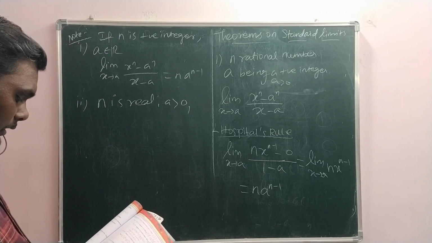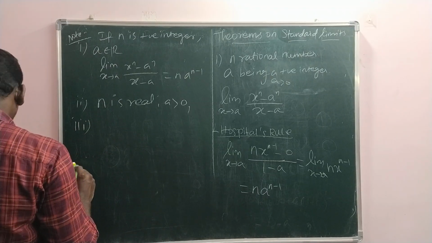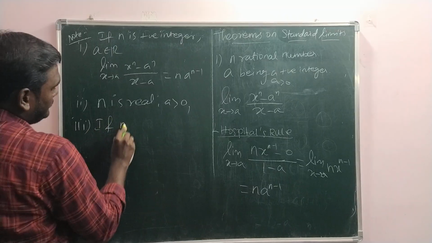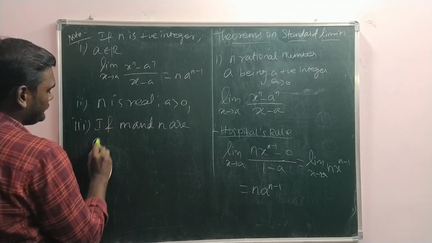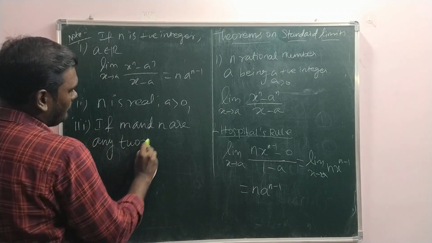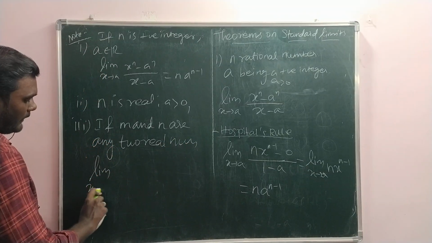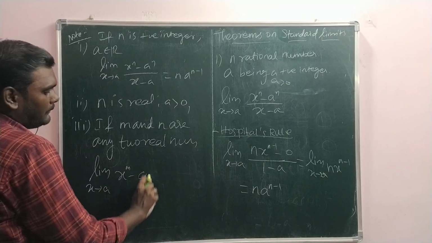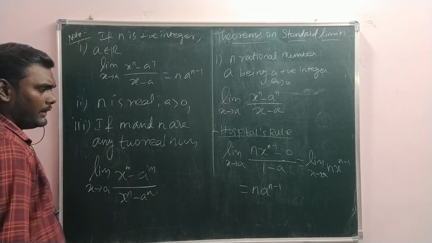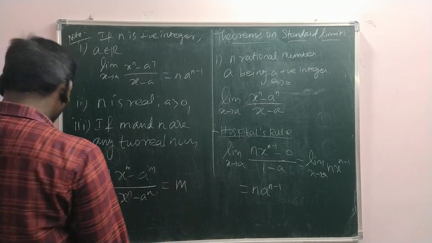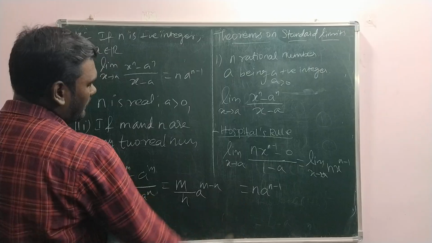And then if m and n are any two real numbers, limit x tends to a, (x^m - a^m) / (x^n - a^n) equals (m/n) a^(m-n).